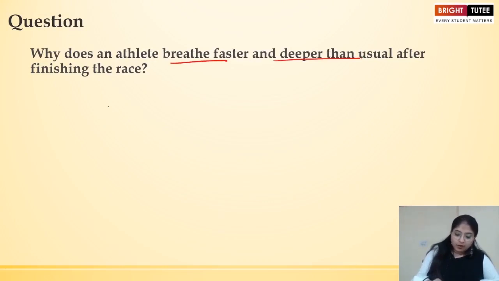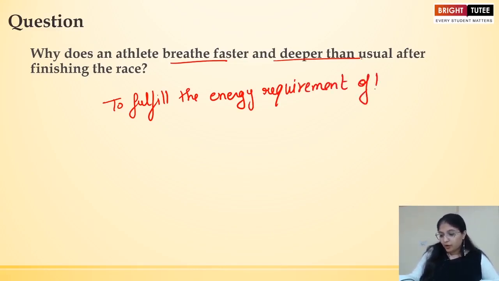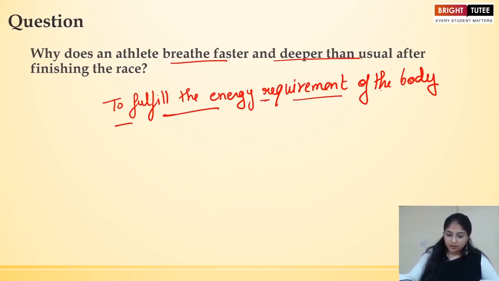First of all, it is to fulfill the energy requirements of the body, right? So this happens because when the athlete finishes the race, the muscles and the whole body require more energy.